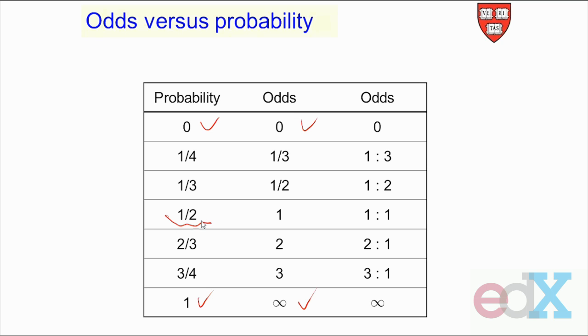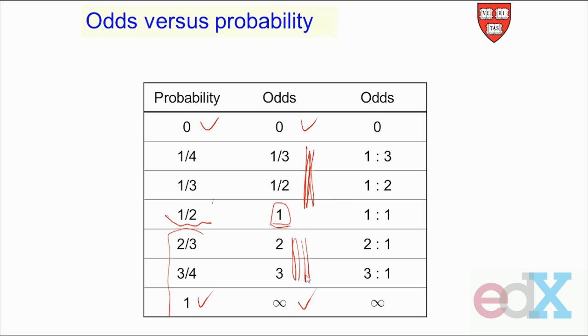Up to a half, excluding a half, but below a half, the odds are going to be less than 1. And they're equal to 1 at a half. Above a half, the odds are going to be bigger than 1. Okay, so that's how you relate odds to probabilities. Remember, sort of half is in the middle, you know.